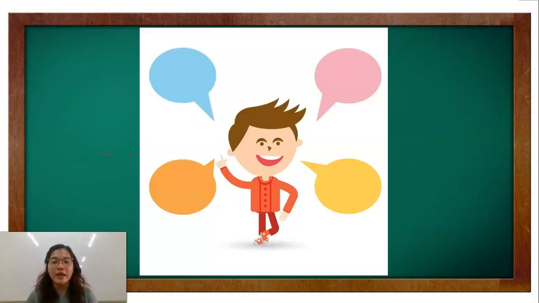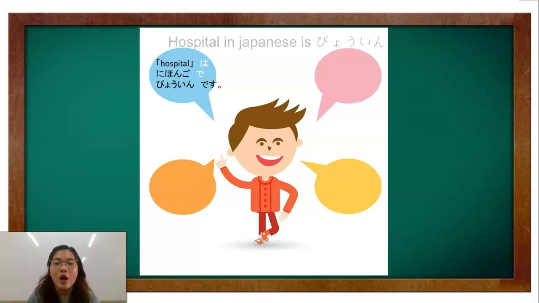Another example here is, hospital wa nihongo de byoin desu. Hospital in Japanese is byoin. Another example.